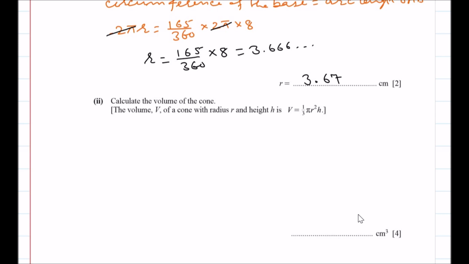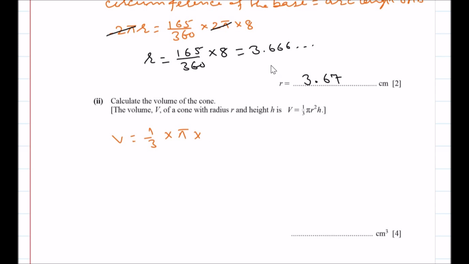Now part 2. Calculate the volume of the cone. So volume of the cone, how to find? Volume formula given here, 1 by 3 pi r square h. So volume equal to 1 by 3 into pi into r.